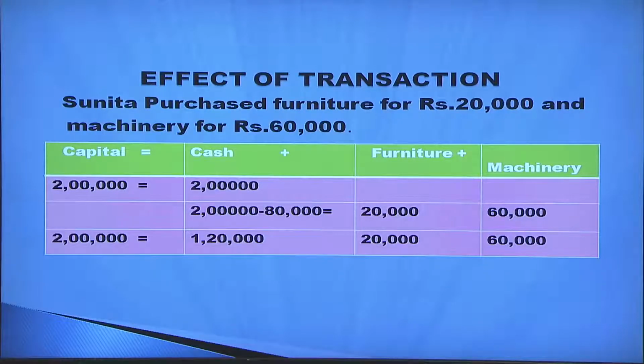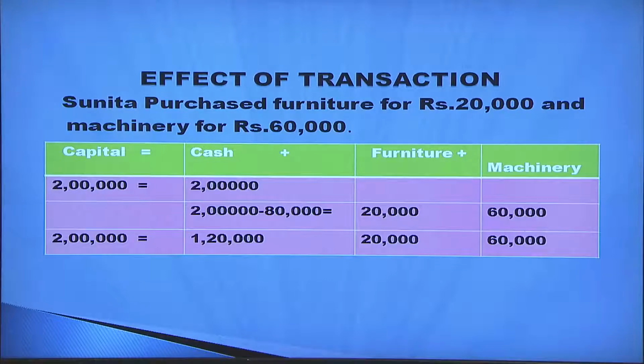Let us study the effect of a transaction in another situation. Sunita purchased furniture for rupees 20,000 and machinery for rupees 60,000. Here under assets you can include furniture and machinery and cash. And there is an increase of rupees 20,000 under furniture and an increase of rupees 60,000 in machinery. So assets are increased by 20,000 and 60,000, that is 80,000.